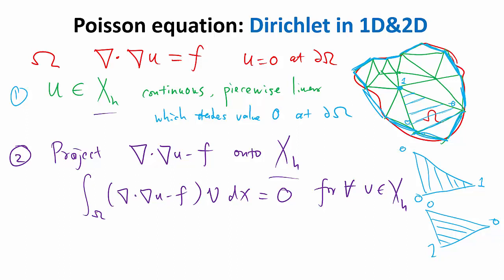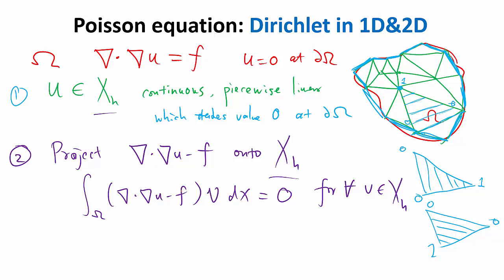Okay, and now we can do something more to this formulation. That is typical of finite element. That is, we want to perform an integration by parts, so that we remove some of the derivatives on the solution U space and put that derivative into the V space.